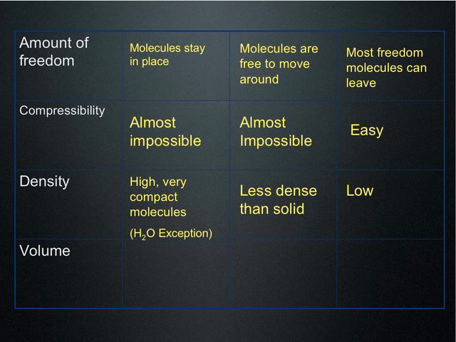What is the definition of density? How compact the molecules are, so how close together the molecules are. So something that's very dense in a small area has many molecules and therefore has a greater mass. Like a rock?